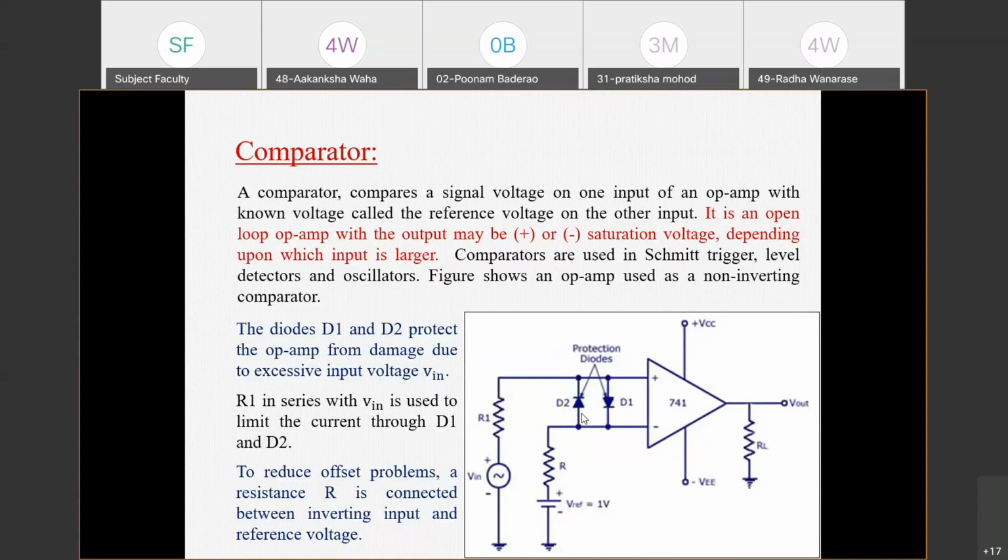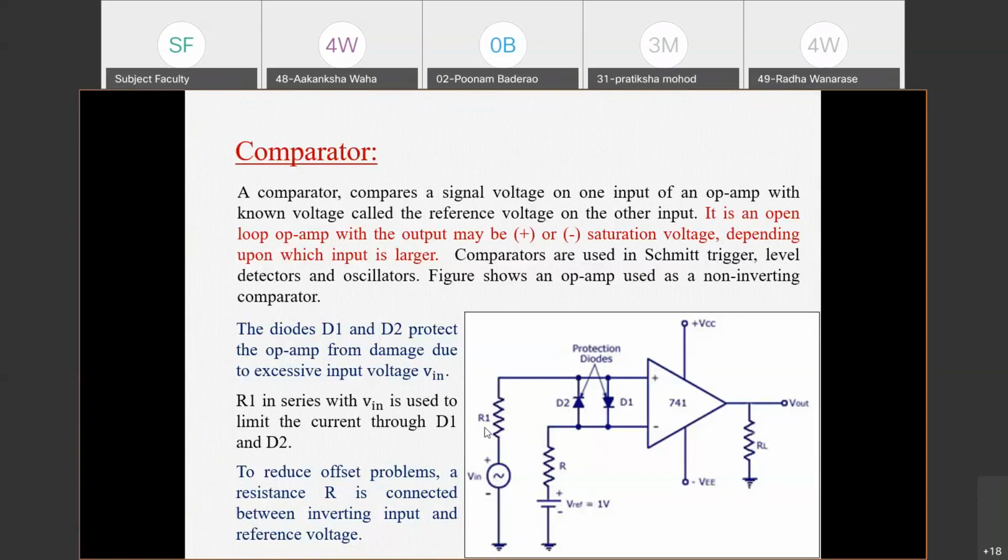Okay. Then again you can observe the plus and minus signs. That is the non-inverting terminal, and this is the inverting terminal. At the non-inverting terminal, Vin is given. That is the input voltage, a sine wave. You can observe here the sine wave.